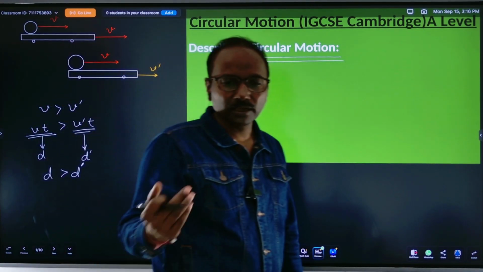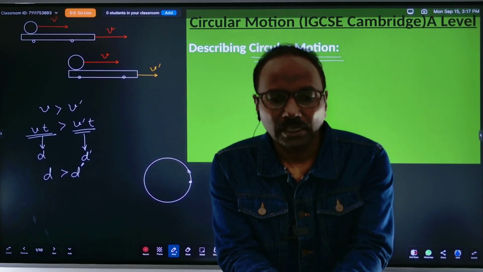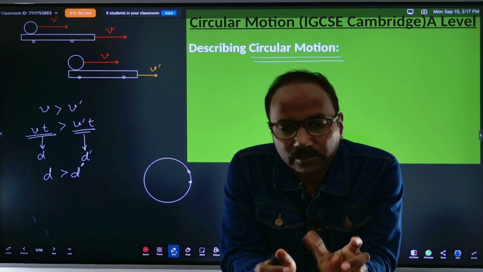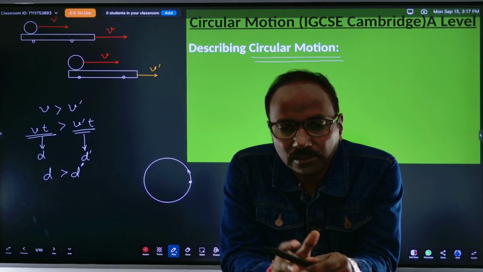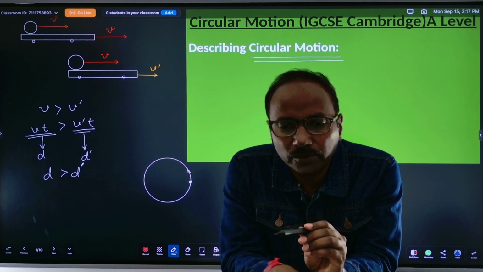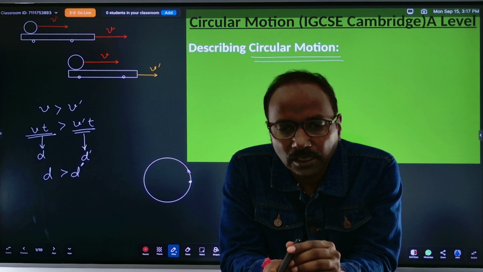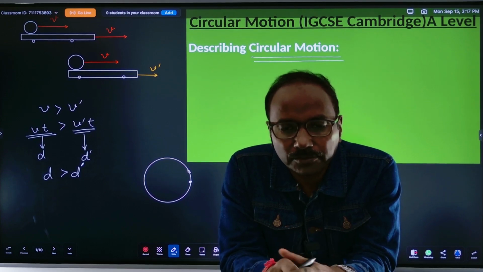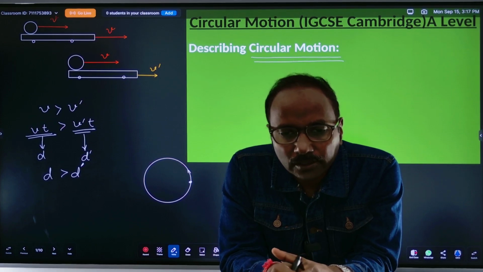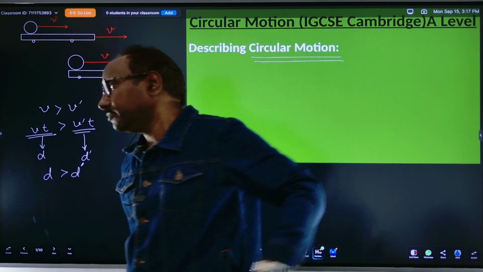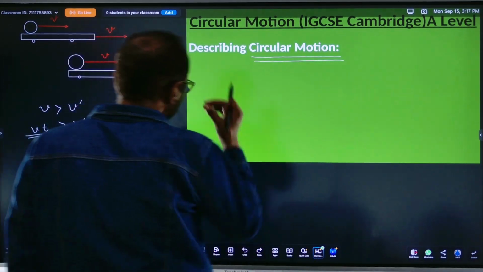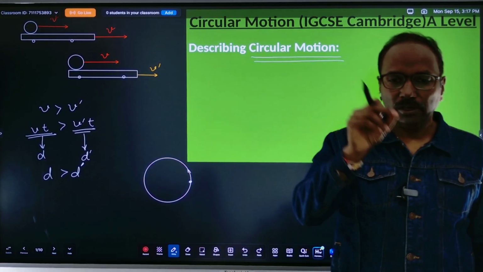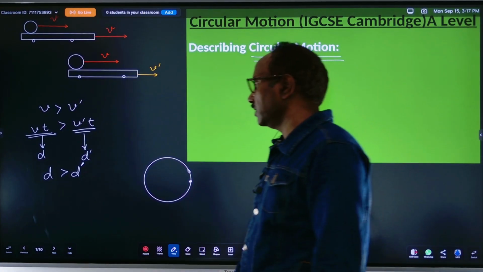There are n number of examples which you are seeing in day-to-day life, like your bicycle wheel doing a circular motion about its axis, washing machine drum, your clock, wristwatch, the earth moving around the sun or the moon moving around the earth. So they are all doing a circular motion.